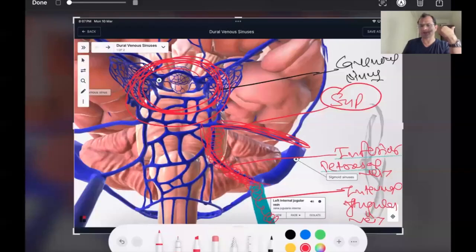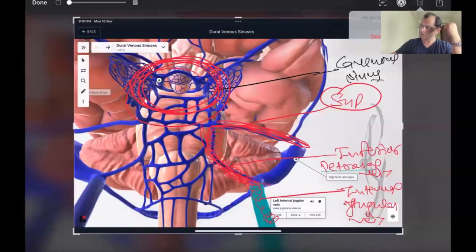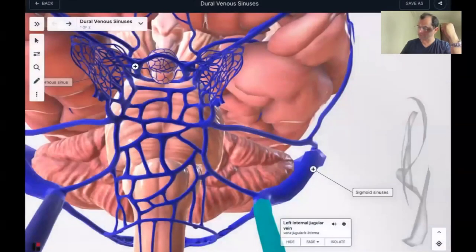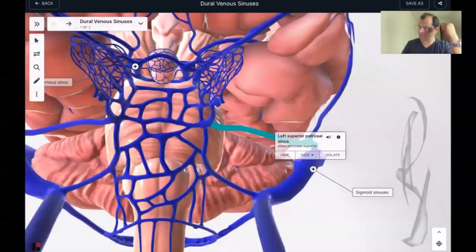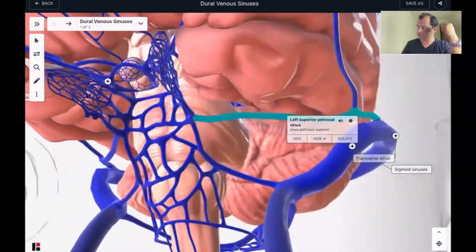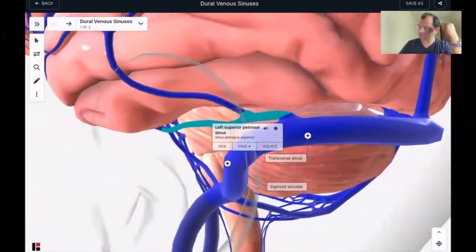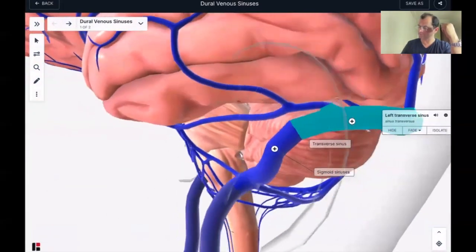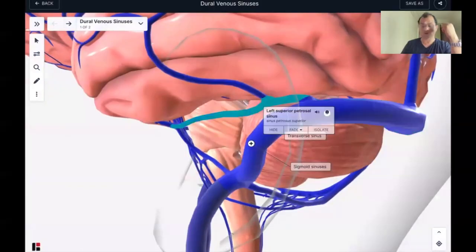The inferior petrosal vein goes directly out, meaning into the internal jugular vein. But the superior petrosal vein, coming from the cavernous sinus, meets with the transverse sinus. Okay, even this much is enough for you.